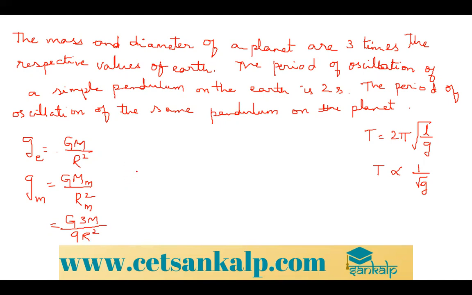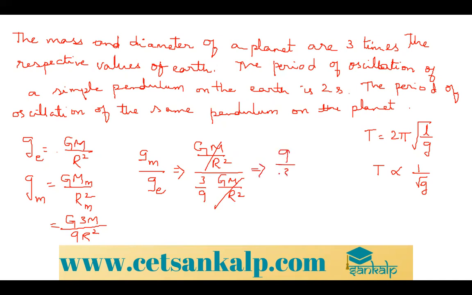So when I take the ratio, Gm divided by Ge is equal to Gm by R square whole divided by 3 by 9 into Gm divided by R square. The whole thing gets cancelled. 9 goes to the numerator.